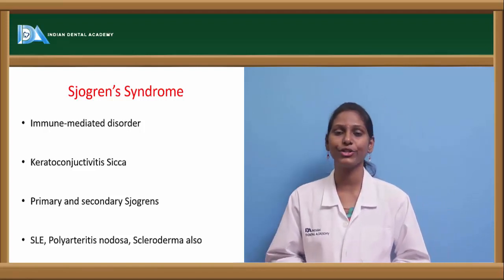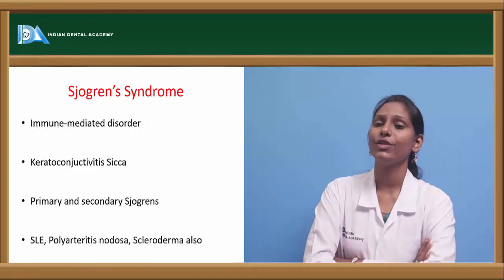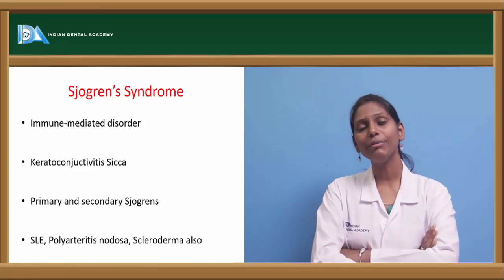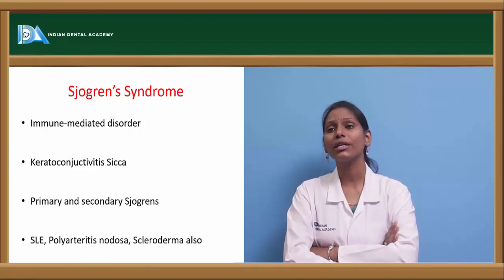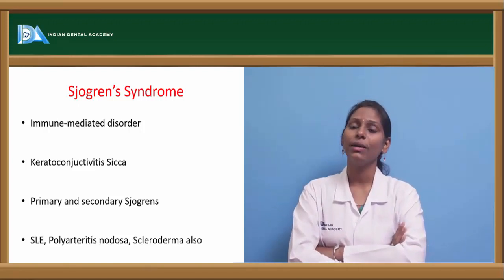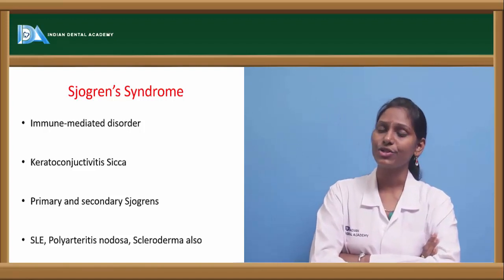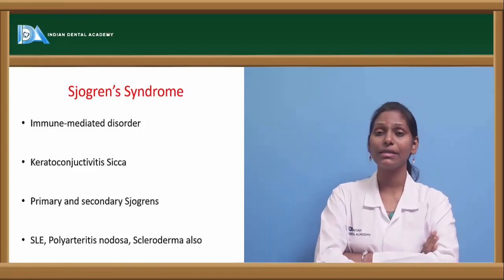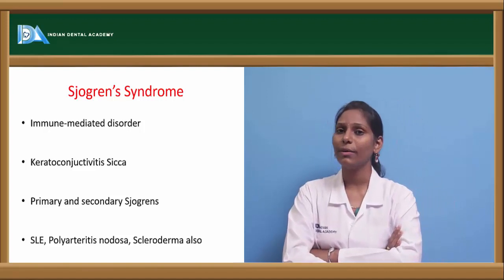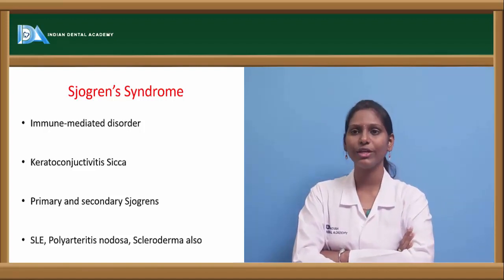Next, Sjogren syndrome. In Sjogren syndrome, as we know, it is an autoimmune disorder, usually an immune-mediated condition. This Sjogren syndrome is of two types again, primary Sjogren syndrome and secondary Sjogren syndrome. Usually more commonly seen in women, and the swelling appears bilateral, usually painless.